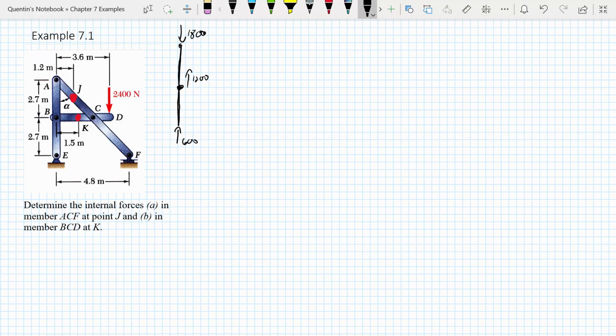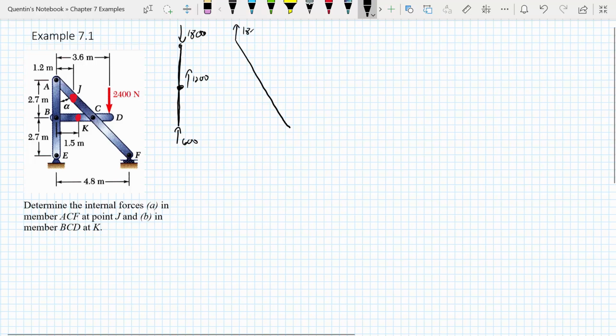Okay, and then we have this member here, and at this point we have 1800 going that direction, 1800 going in that direction, and at point C, right there in the middle, we have 3600.